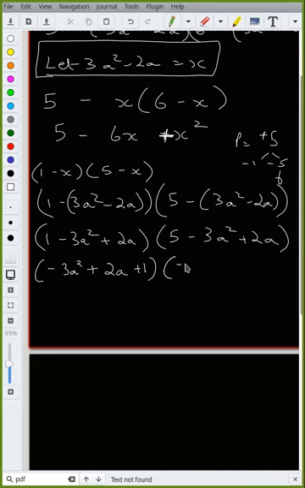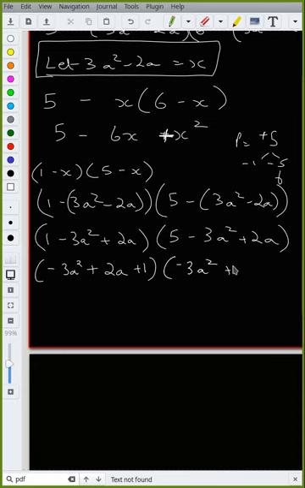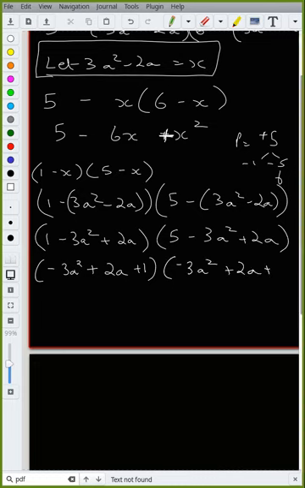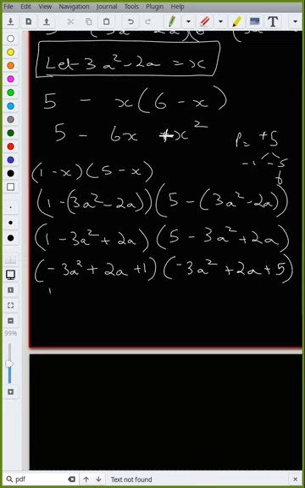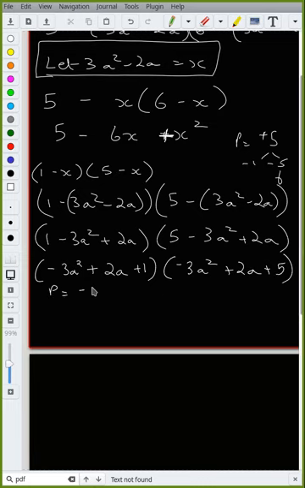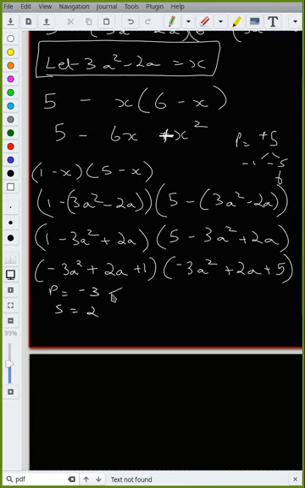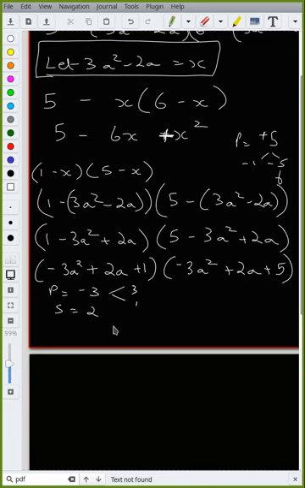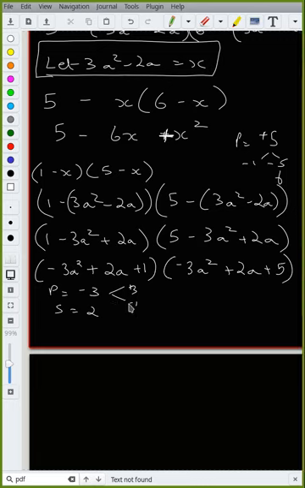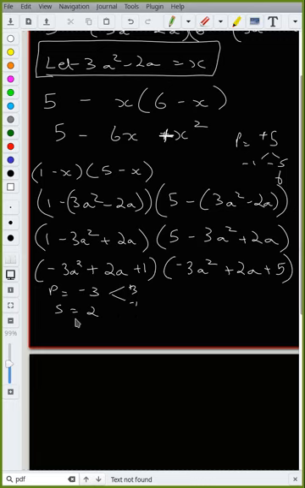And this will again become minus 3a squared plus 2a plus 5. So we want the product as minus 3 and the sum as 2. This will be 3 and 1, plus 3 and minus 1. What is the problem? We can factorize this, right?